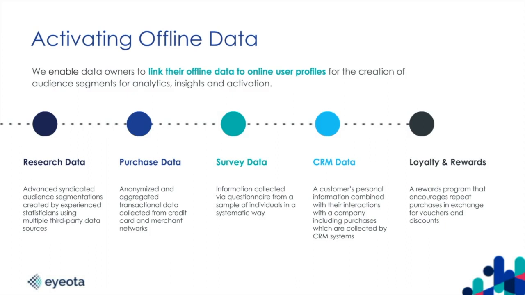There are various types of offline data that we onboard, such as research data, which are advanced syndicated audience segments collected by experienced data analysts; purchase data that's collected through transactional data history; survey data, which is information about users collected through things like surveys on panels; CRM data, which initially is advertisers' first-party data collected through things like websites and transactional activity; and then loyalty data, which is gathered through various reward systems.